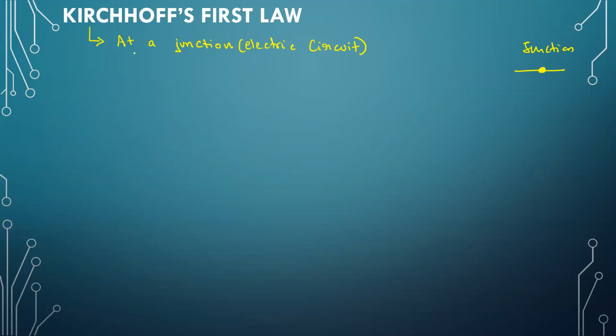Now, at a junction, the sum of all current is 0. What does it mean? It simply means that if I have current I, which was coming here and now got divided into two parts, it has to go in two different paths, which is I1 plus I2. So your current I is nothing but I1 plus I2, right? That is a basic logical understanding.